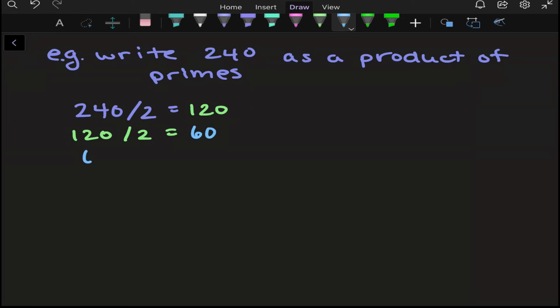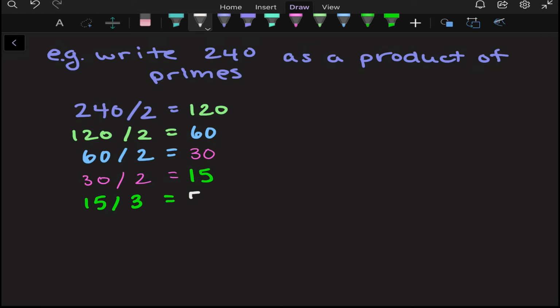And then I have another even number, so I'm just going to divide it by 2, which gives me 30, which again is an even number, so I can divide it by 2, which gets me to 15. And then 15 can be divided by 3, which gives us an end goal, a prime number of 5.